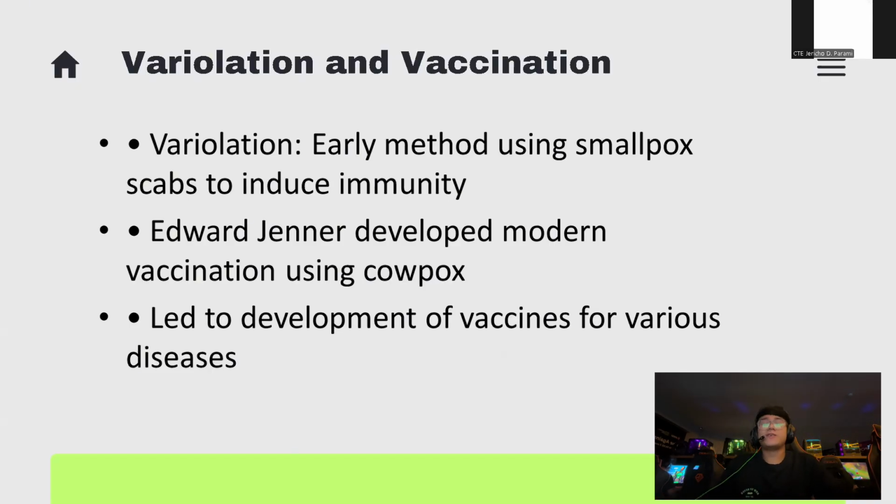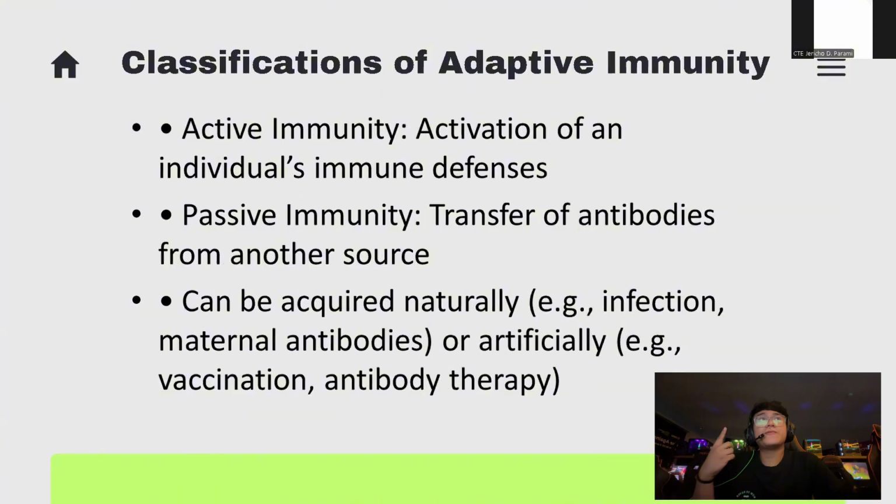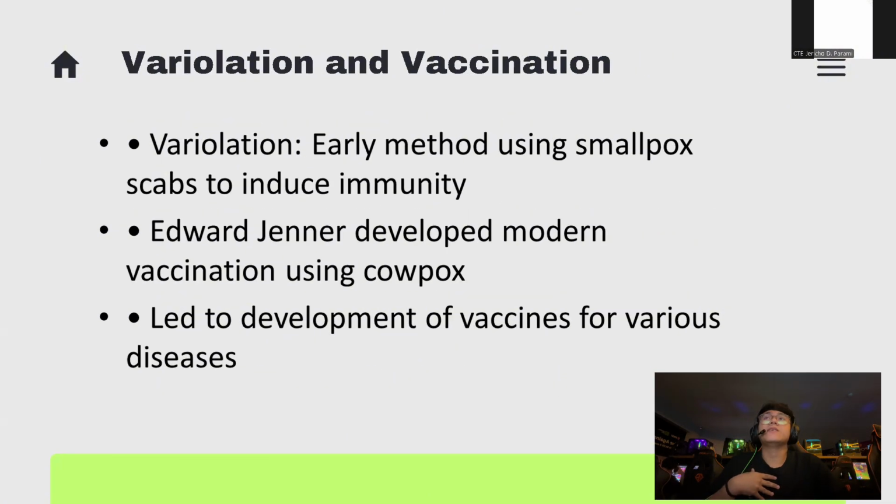As I said earlier, we have two types of classification of adaptive immunity, and our immune system can activate immunity naturally or artificially. In that experiment, when an individual is exposed to smallpox, they can develop immunity naturally.